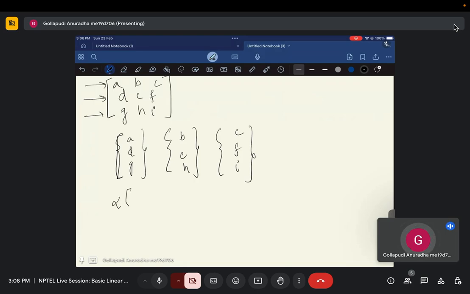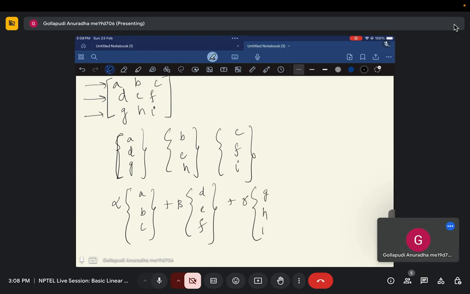If I'm able to find alpha, beta, gamma such that I get a vector in the column space, some values, it can be either ADG or BEH, or maybe some linear combination of anything. I just kept the stars here because it can be anything in the column basis. Now if I'm able to find alpha, beta, gamma, then that means the row space and column space are going to be the same.